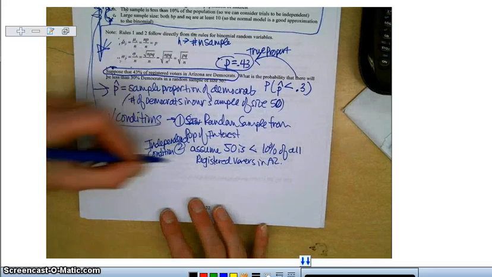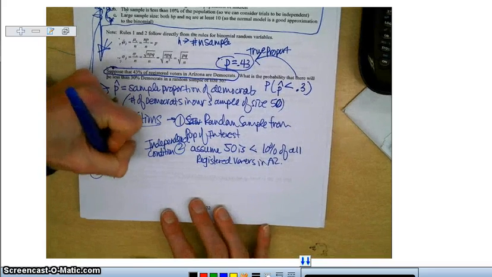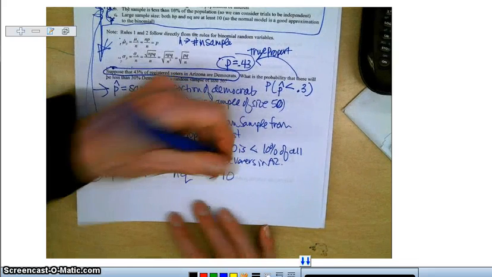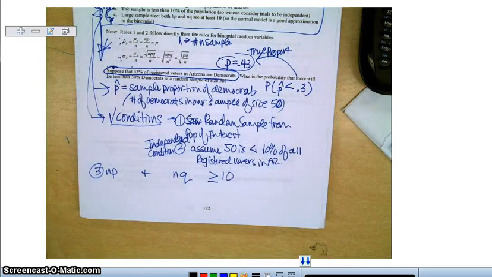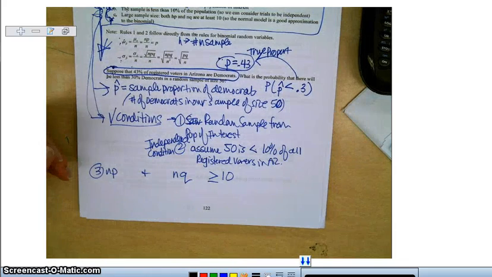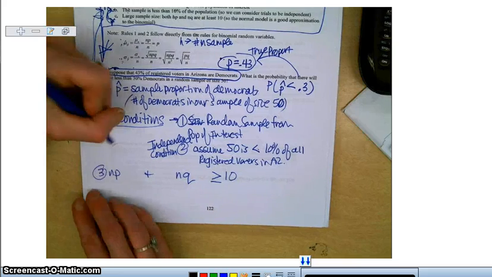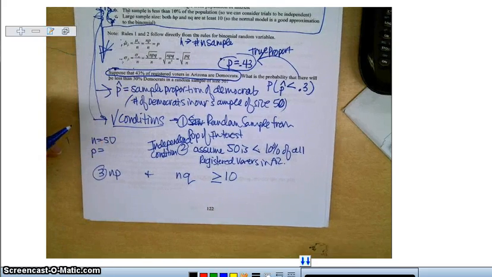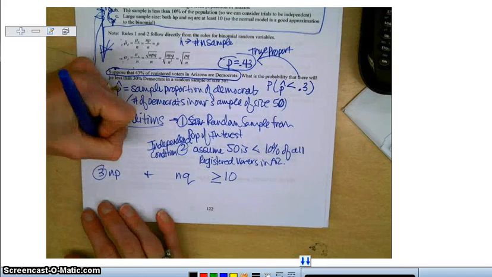The third condition we have to check is that N times P and N times Q are both greater than 10. They can be equal to 10. So what's N in my problem? N is 50, and P is the true proportion, 0.43.